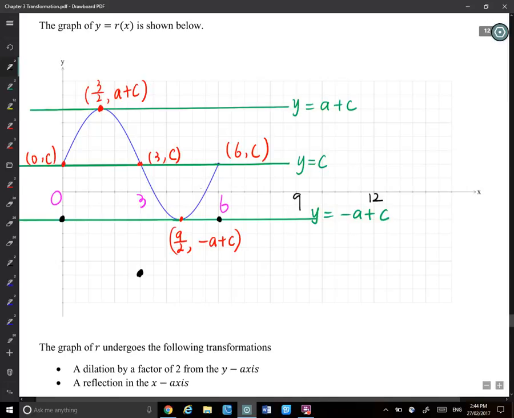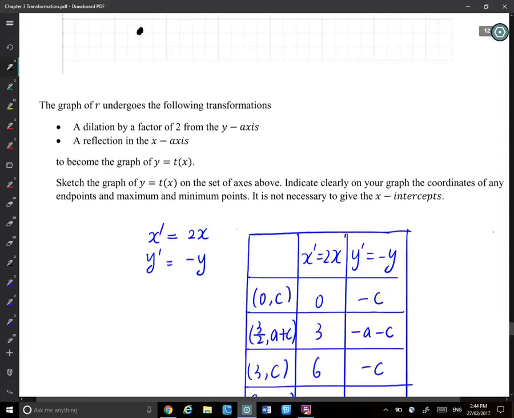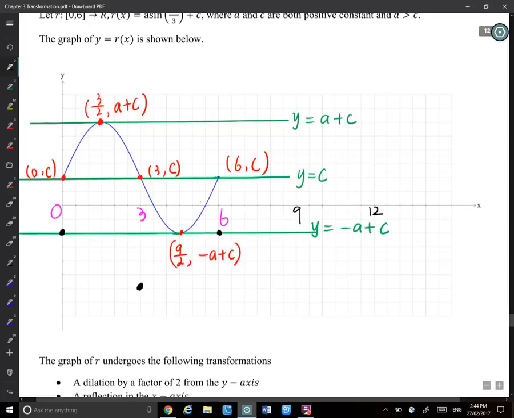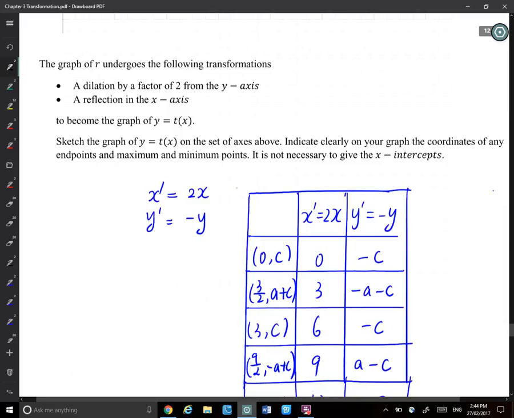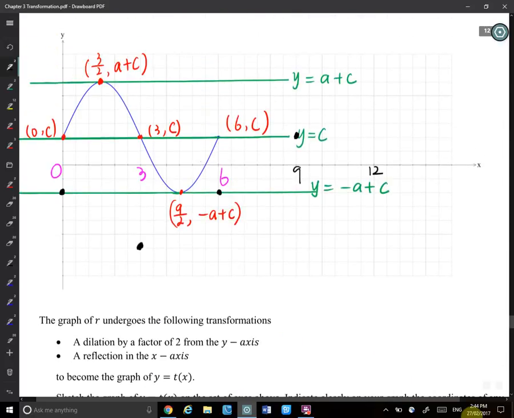So 9, a minus c is the negative of that, which is here. The last one is 12, minus c, which should be here.